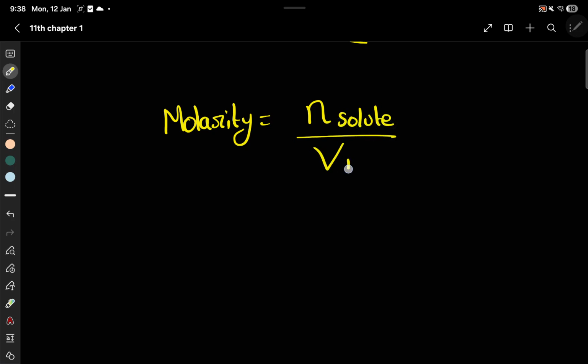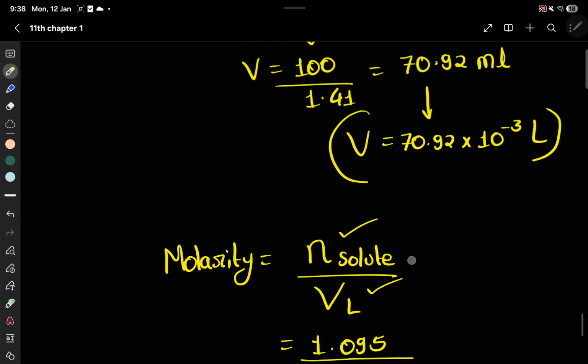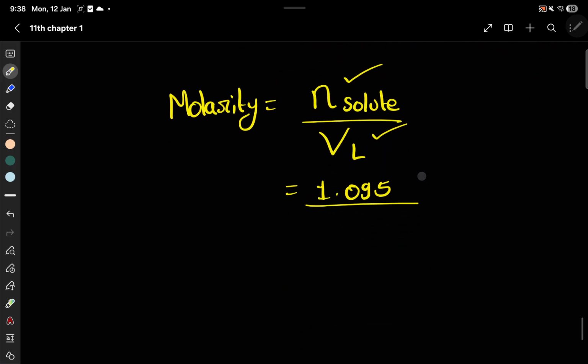We are going to calculate molarity over here. Let me again recall the formula for molarity: number of moles of solute divided by volume of solution in liters always. We have calculated the number of moles and the volume. The number of moles was 1.095 that we calculated earlier, and the volume which we have just calculated is 70.92.